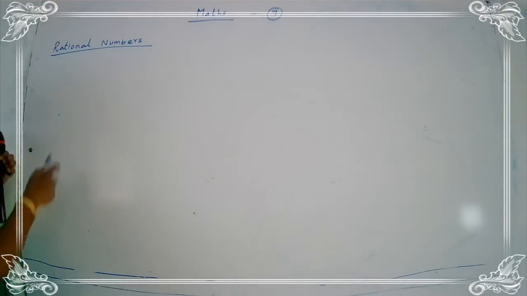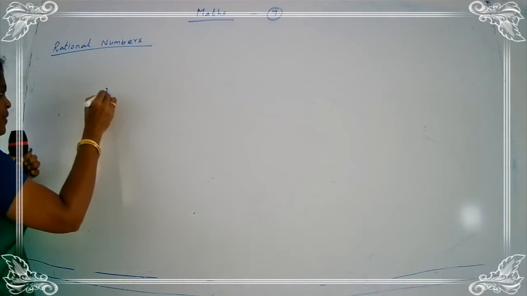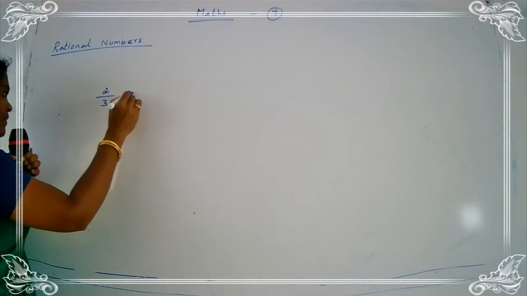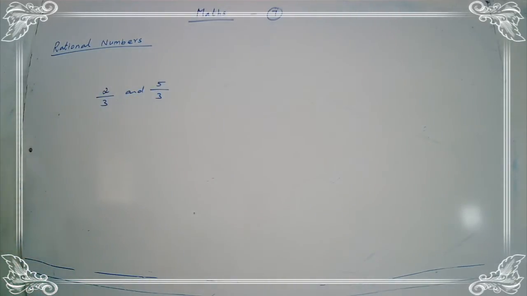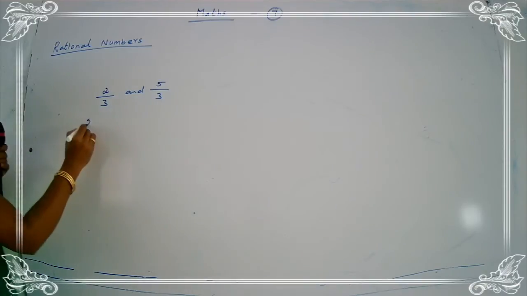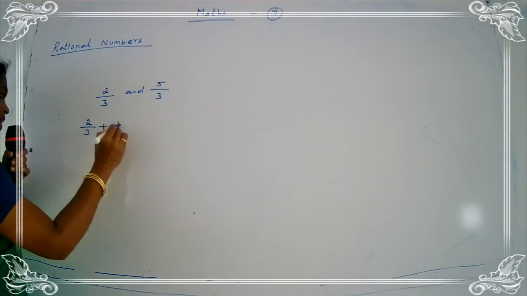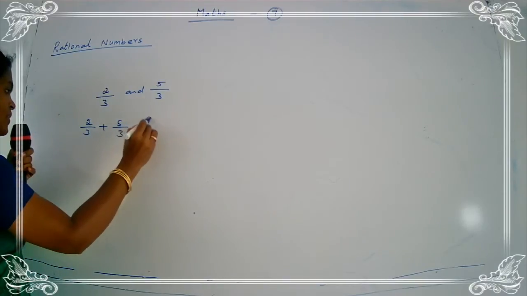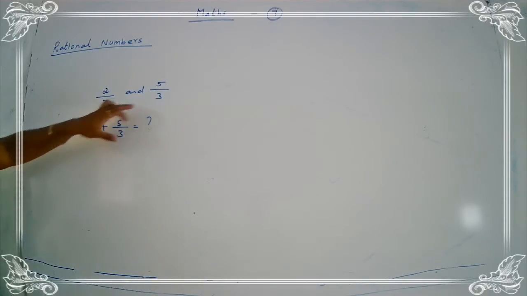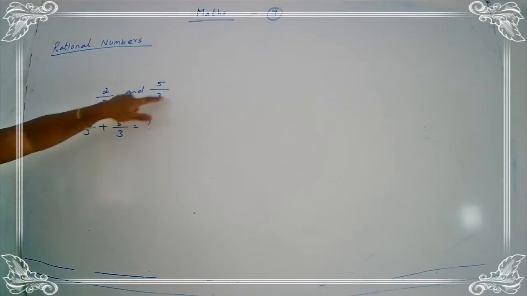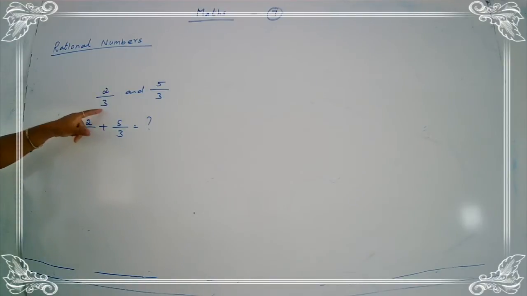Consider two fractions, 2 upon 3 and 5 upon 3. Now what is the answer of 2 upon 3 plus 5 upon 3? First you see this fraction. Which type of fraction? Like fractions, yes.